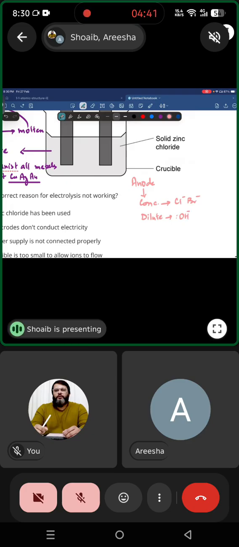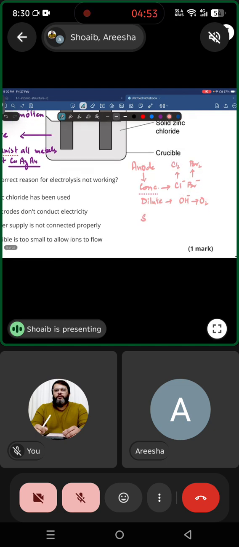The hydroxide ion will give you oxygen gas, the chloride will give you chlorine gas, and the bromide will give you bromine gas. The other two anions, sulfate and nitrate, will never come out from the solution.